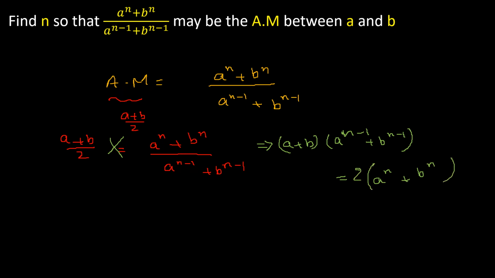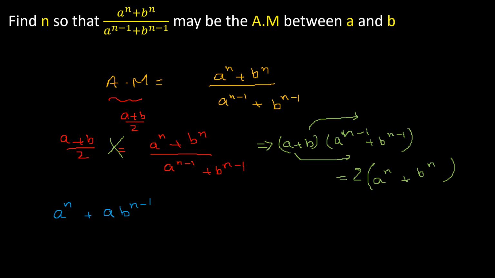Here we can multiply this. So a will multiply with both of them, and then b will multiply with both of them. When a multiplies, we get a^n, and when a multiplies with b^(n-1), we get a b^(n-1).